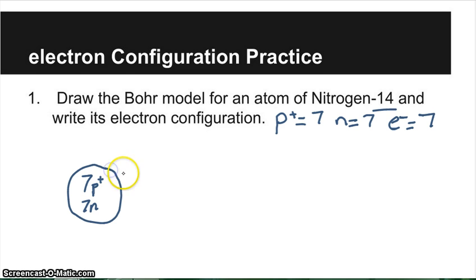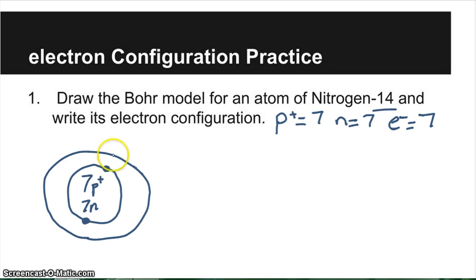Our first energy level is going to have 2 electrons, and typically they're drawn on opposite sides to show that they are not near each other inside that energy level. But that first energy level can only hold 2 electrons, so we have to move to the next energy level.